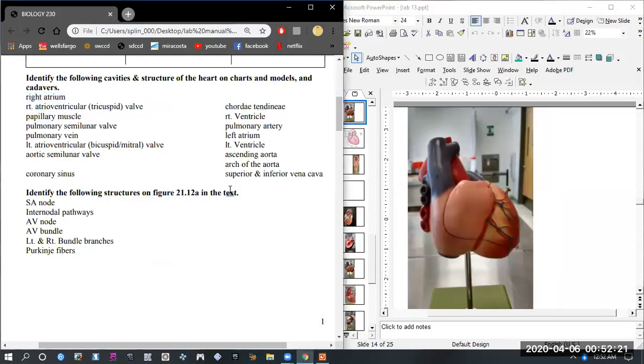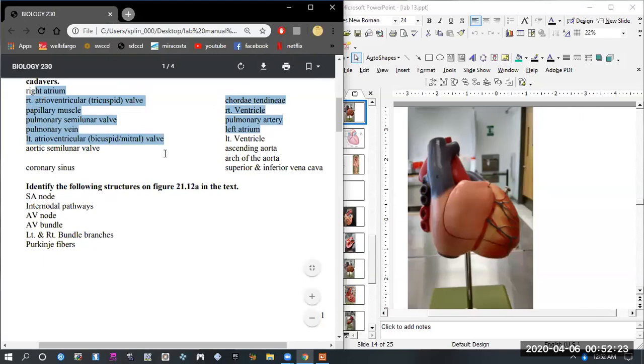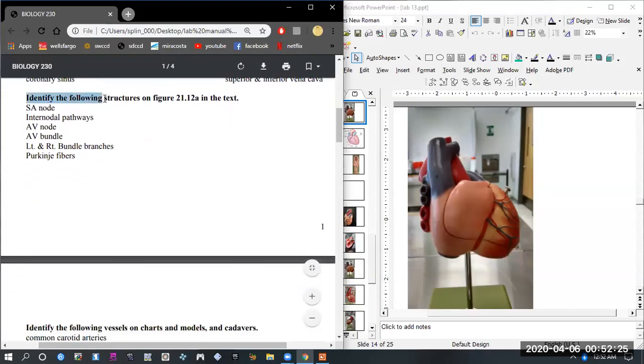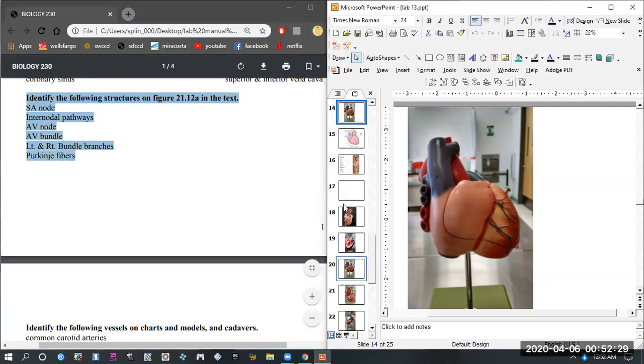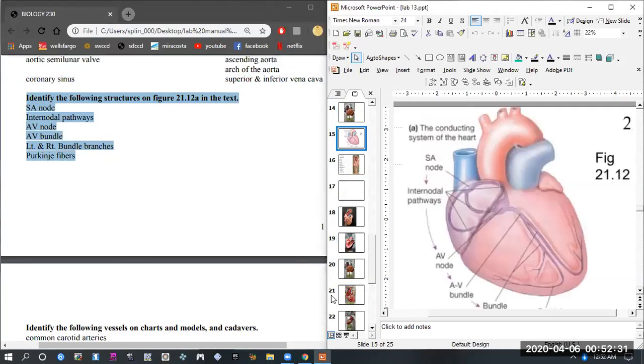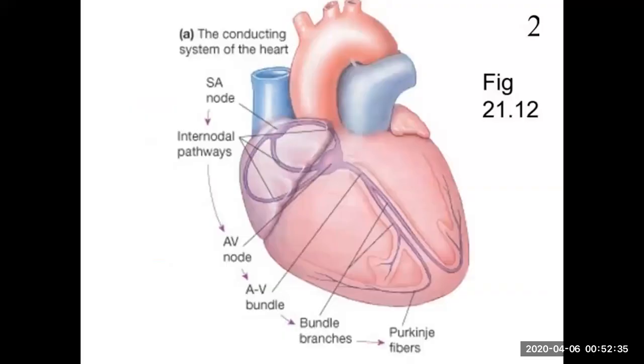So that's our section with the heart models. The next section you see comes right from this textbook figure. So I'll just bring that up briefly. So using this figure here, and just a quick look at the list, there's both the SA node, the internodal pathways, leading down to the AV node.